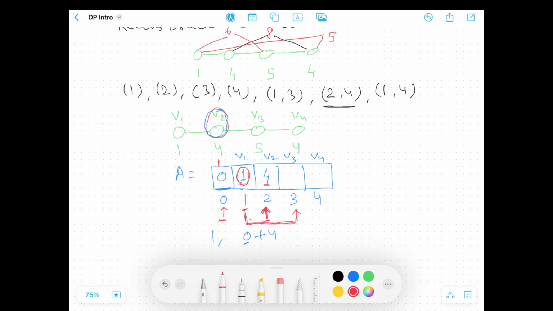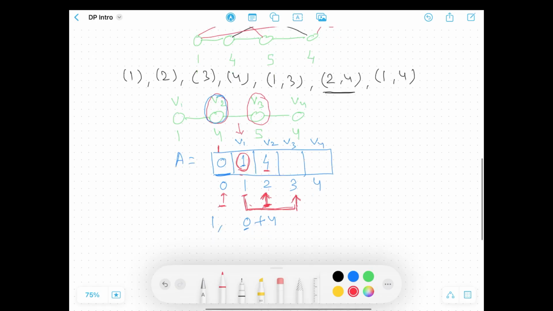So try to understand, either the maximum value could be at the previous index, which is the second index because we are currently at 3, or it could be the sum of index 1 plus the value at vertex 3.